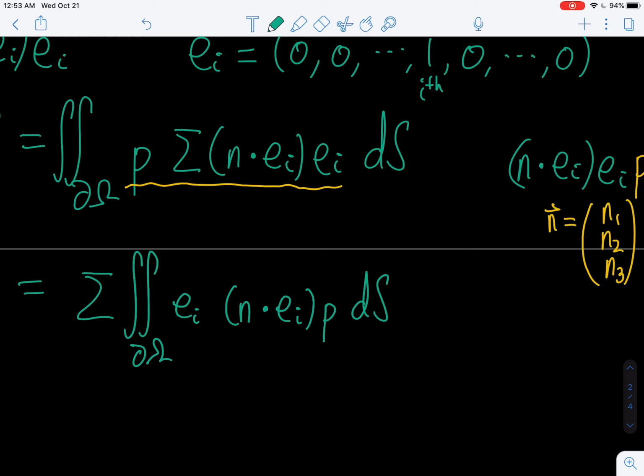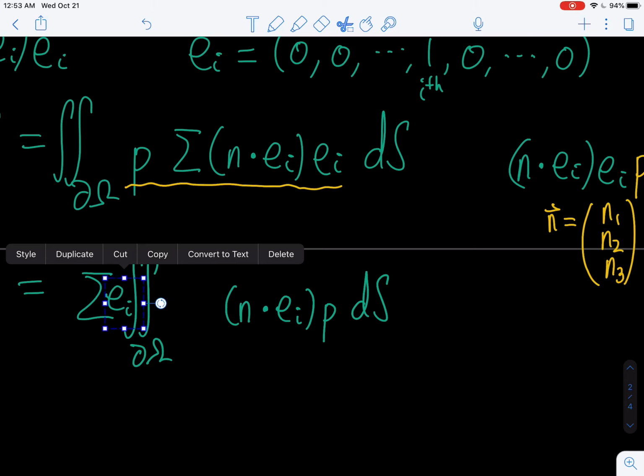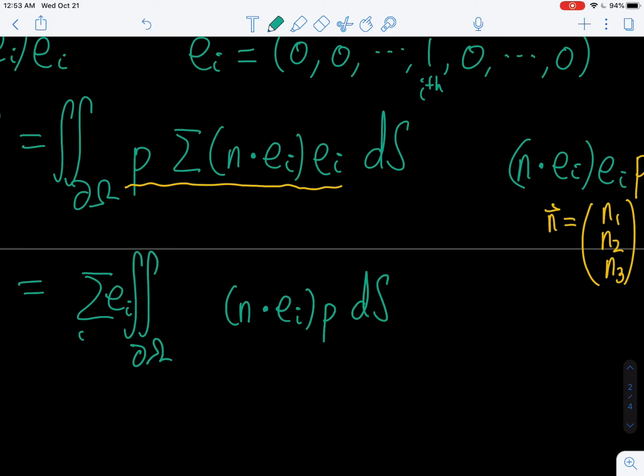And of course I can bring the vector ei out, because our summation is over i. Now I'm going to rewrite the inside here as p multiplied by ei. So it's really n dot producted with ei times p.